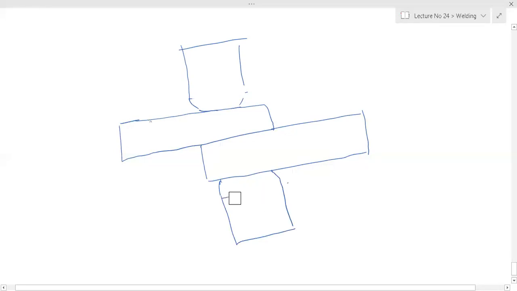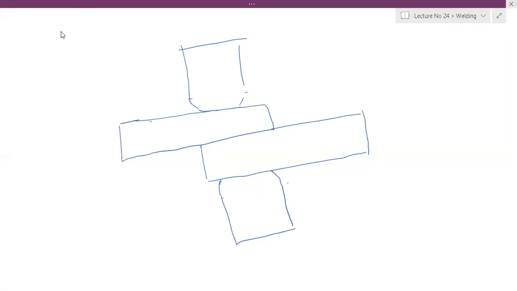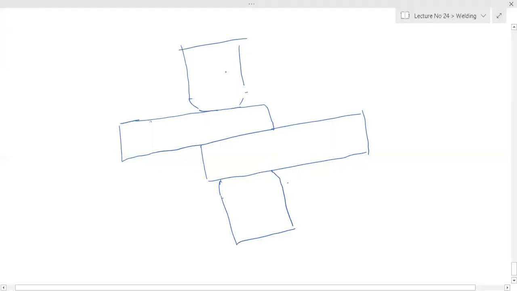Simply this. It will confuse you. Okay. Right? So this is the force you are applying, force from both sides. And this is your electrode. Right? This is your electrode. So R1 is the electrode.